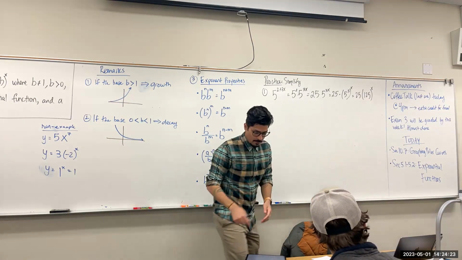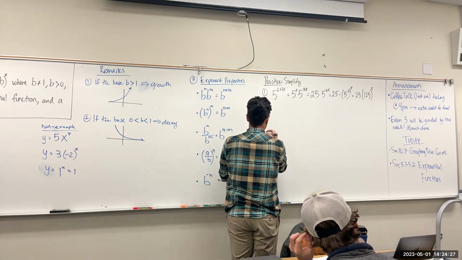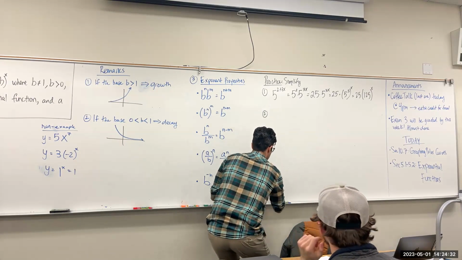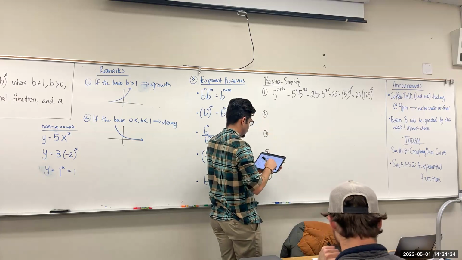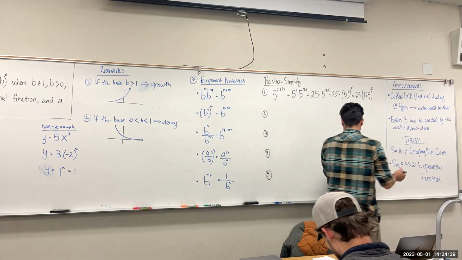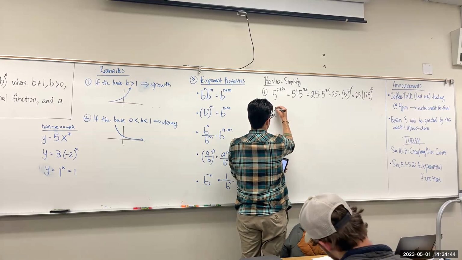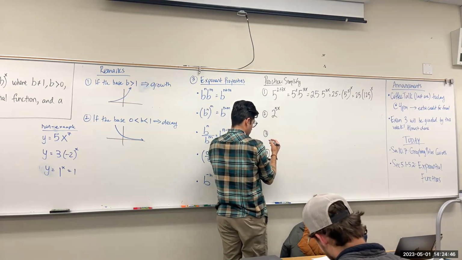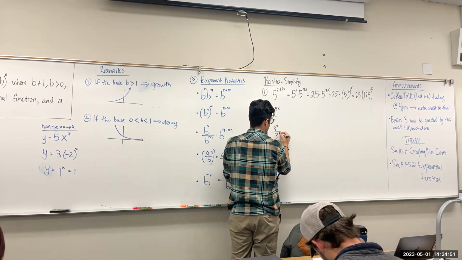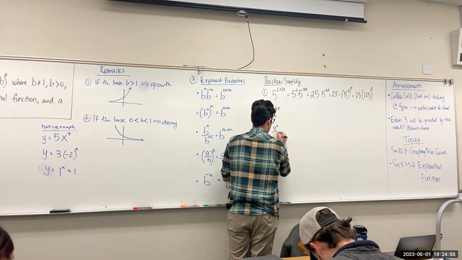Okay. All right. So what I'm going to have you guys do is simplify the following expressions. Okay, let's see. So 2 to the 5x, 3x over 9.